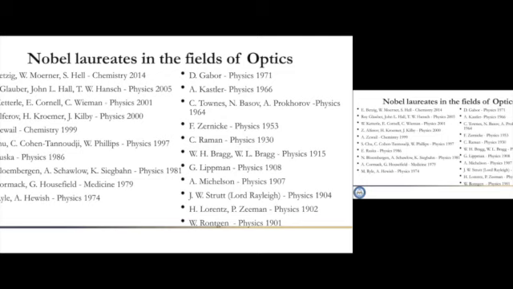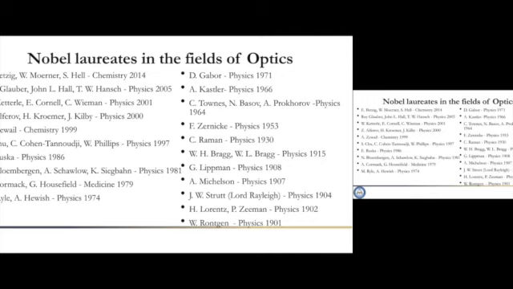You can see all these different Nobel Prizes up to the inventions of the laser and laser cooling, which is used nowadays to create Bose-Einstein condensates. Laser cooling was invented in 1997, and then a few short years later, in 2001, the first Bose-Einstein condensate was found.